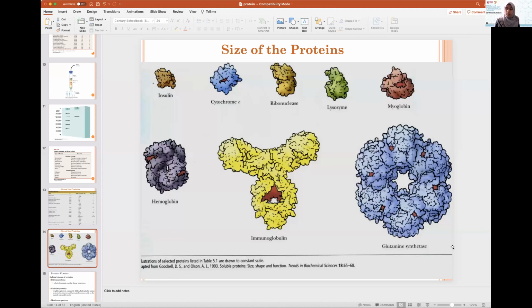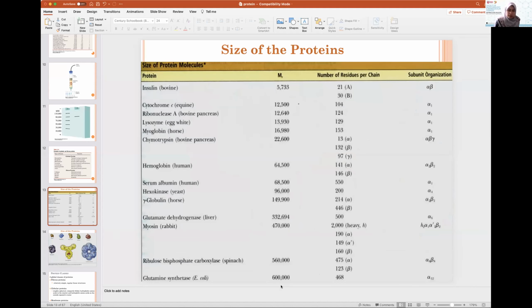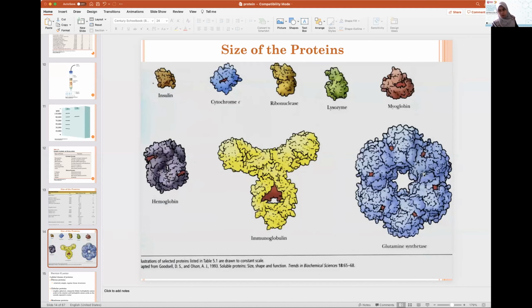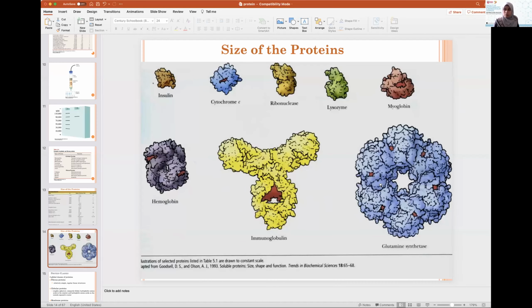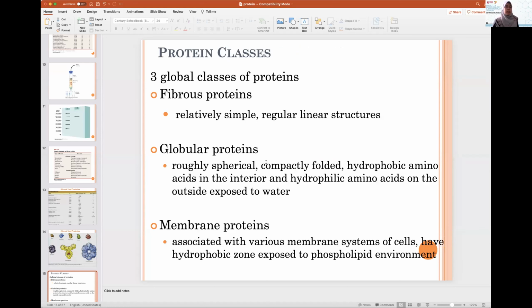Glutamine synthetase is definitely the biggest one, at 600 kilodalton, and the quaternary structure looks really big. It has 12 similar alpha subunits, 12 copies to make this. And then protein clusters: fibrous protein, globular protein, and also membrane protein.